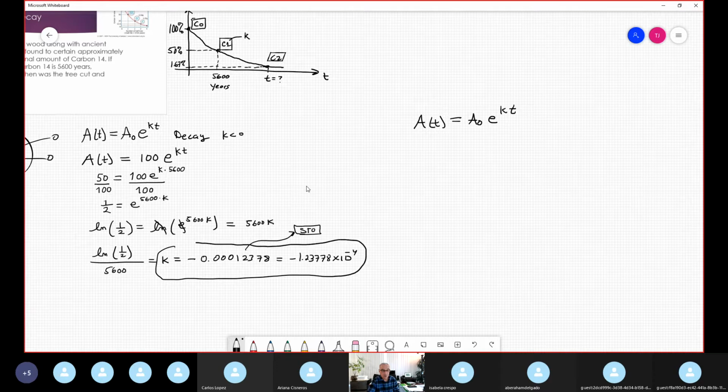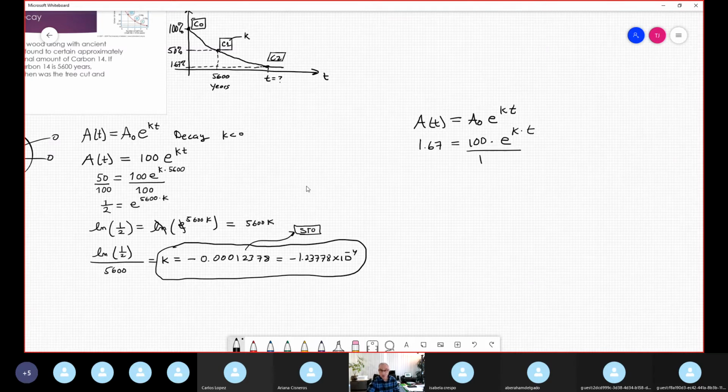By the way, I put it inside my calculator. So now this is 1.67, this is 100 again, multiplied by e to the k, that is that number I don't want to repeat, multiplied by t. And t I don't know. So one more time, you apply logarithm of both sides.